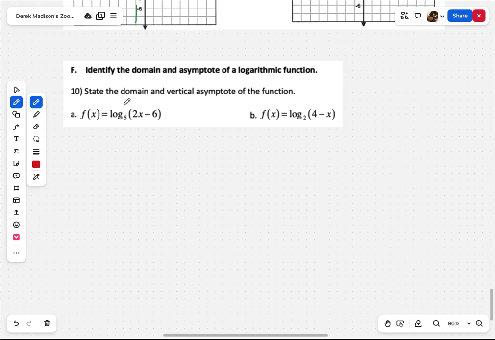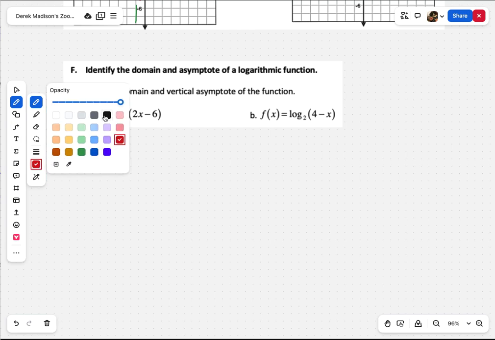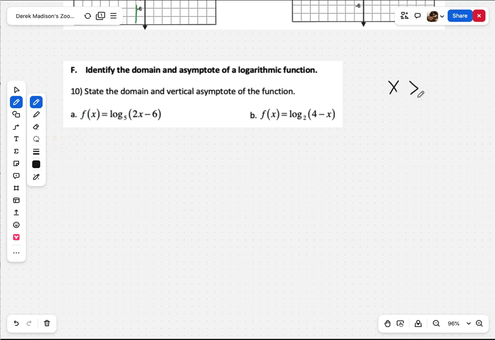Last thing we have to look at is find the domain and vertical asymptotes of the function. So we've been seeing that the domain for these is that the x's have to be greater than 0. So that means whatever I plug in here into the argument has to stay greater than 0. So for domain, we'll just set the argument of the log to, not equals, just greater than 0, and solve and see where it comes out.